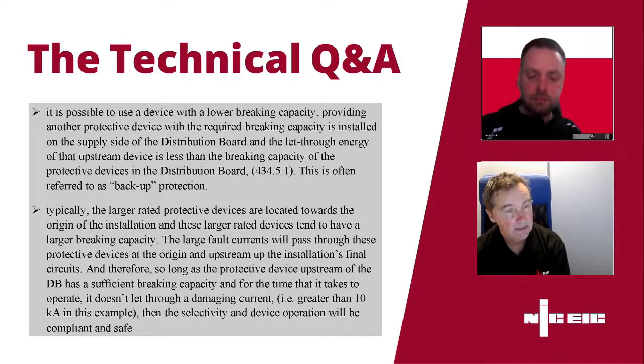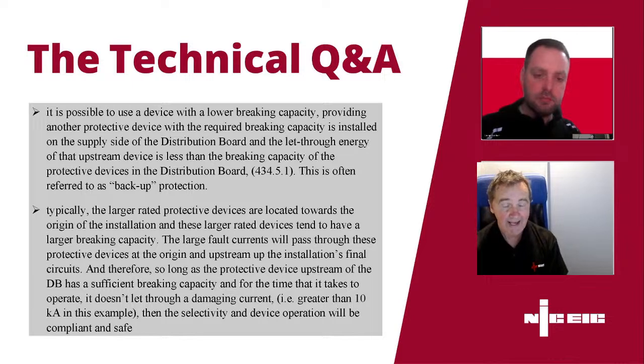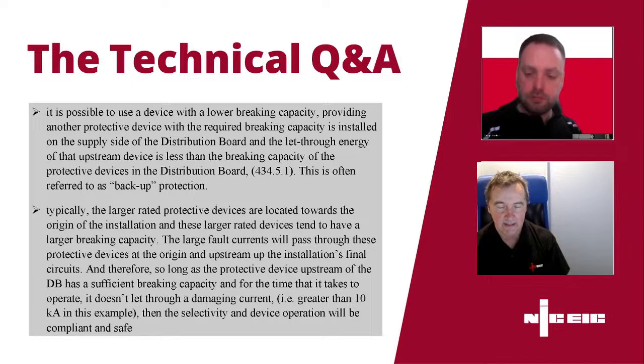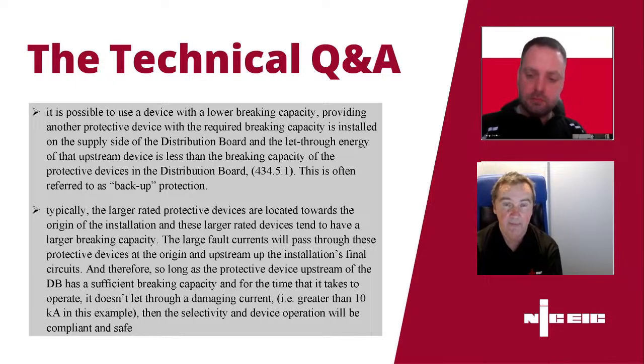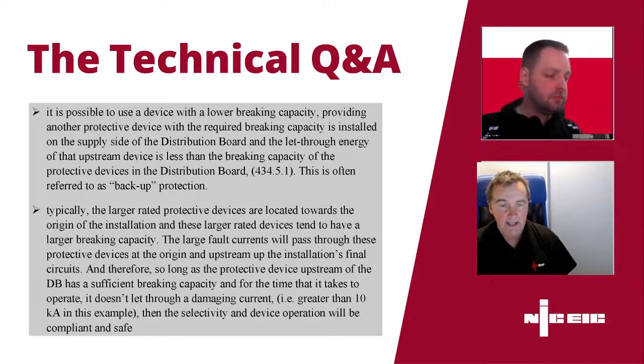So for example, if you had a fuse at the origin which had the required breaking capacity, so it was greater than 15.5 kA, and then the let through energy which you'd have to get from manufacturer's data was less than 10 kA, then your 10 kA device on the remote board would be fine, because what's happening is that large amount of energy will first be seen at the supply by that bigger fuse.